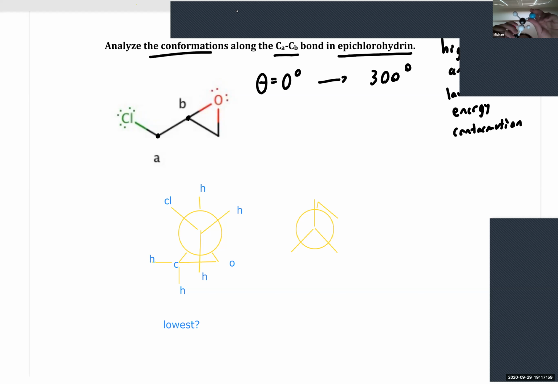So initially, we had the following conformation drawn. Now we can rotate our back carbon bond and rotate our back substituents and generate a new set of conformations with different dihedral angles.